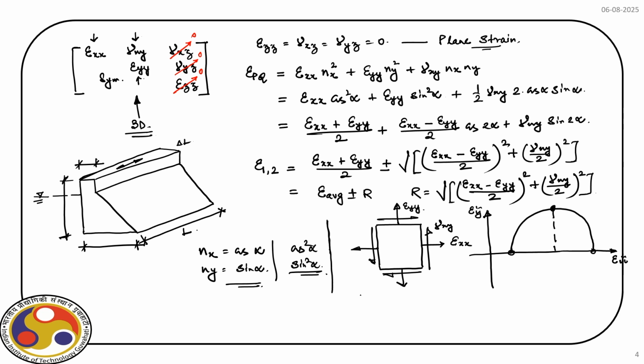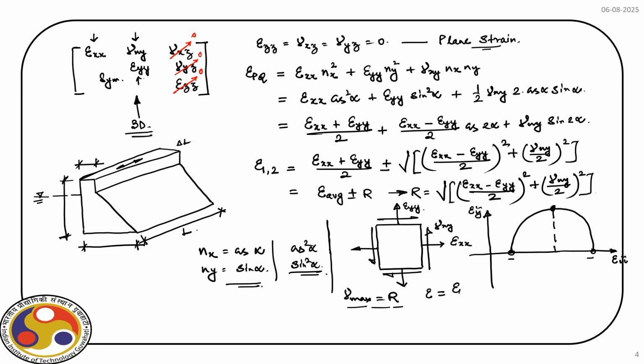So, this is the maximum shear strain. Maximum shear strain gamma max is nothing but R, what we have derived here. And as we had in stress analysis, with maximum shear strain we will have epsilon, and that epsilon is actually given by the average of these two.